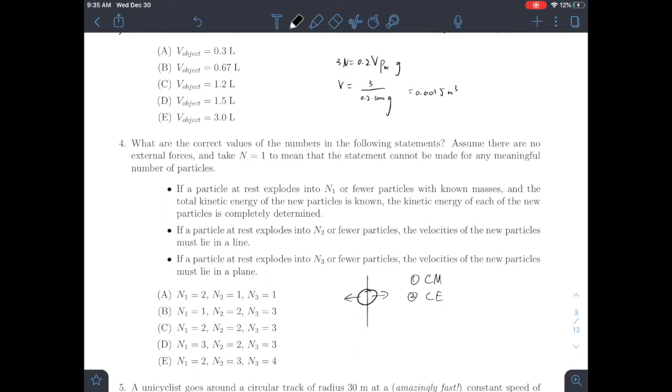It is possible, so n1 equal to 2 is okay, right? But we also need to look at what if n1 is equal to 3. Then we have 3 particles. But notice we only have 2 equations, conservation of momentum and conservation of energy. We can never solve for 3 variables. So that's why n1 cannot be equal to 3, so n1 equals 2.